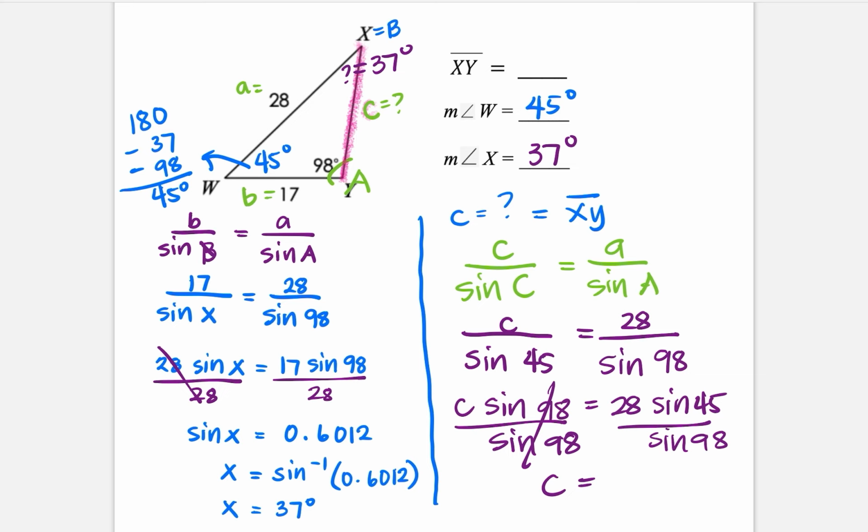We're going to type this in our calculator. 28 times sine 45, enter, divided by sine 98. If we are to round our answer to the nearest integer or whole number, that would be equal to 20. So C, which is also our XY, is equal to 20. So 20, which is the value of C.